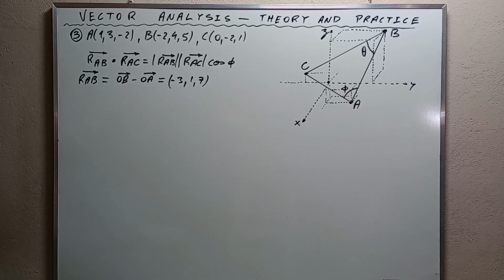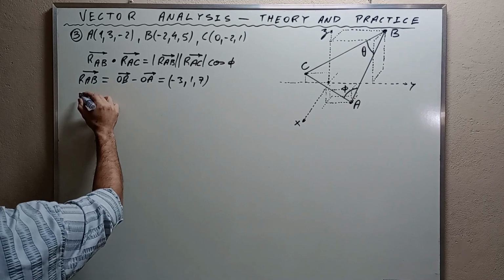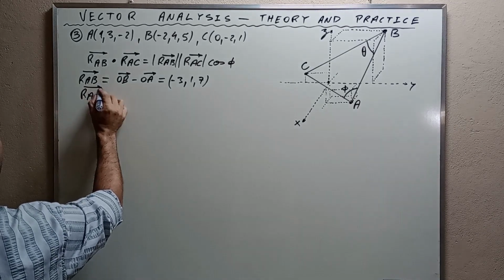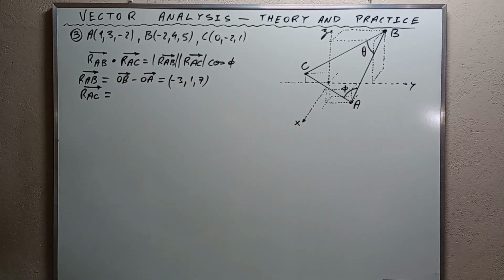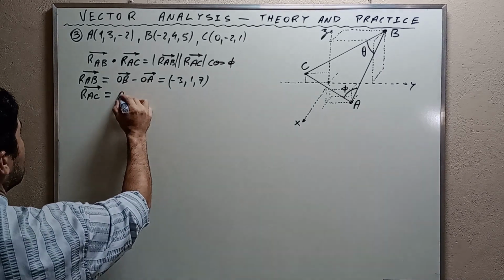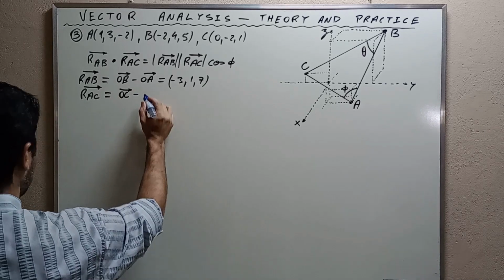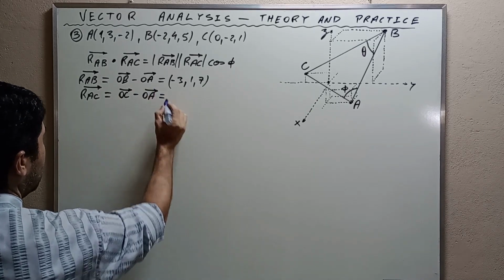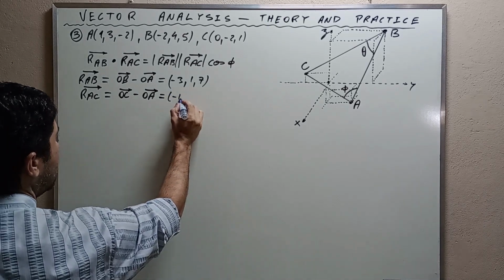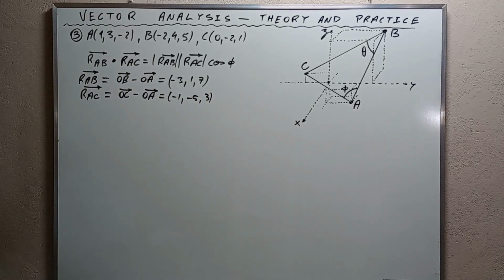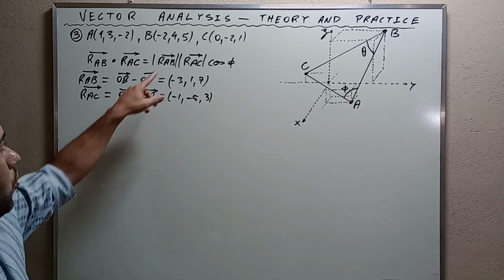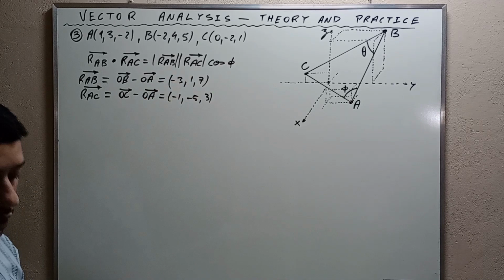Similarly, we use what we saw there for vector RAC, which can be obtained from the subtraction OC minus OA. And this is -1, -5, and 3. Alright, we are almost there. And we need the magnitudes. How do we calculate the magnitudes?